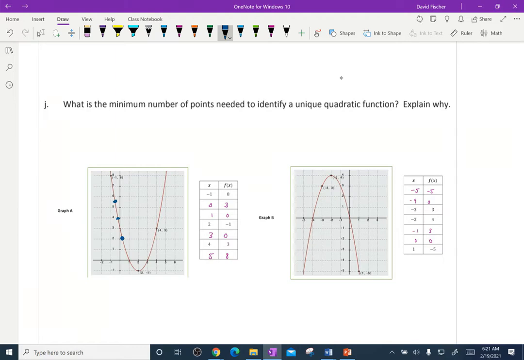I would say 3 points if one is a vertex, because then I could say, okay, I have a point here, I have a point there, and I have a point there. I could kind of get a good quadratic, but I want to say, but you really need what we talked about on Tuesday, 5 points with 1 being the vertex.